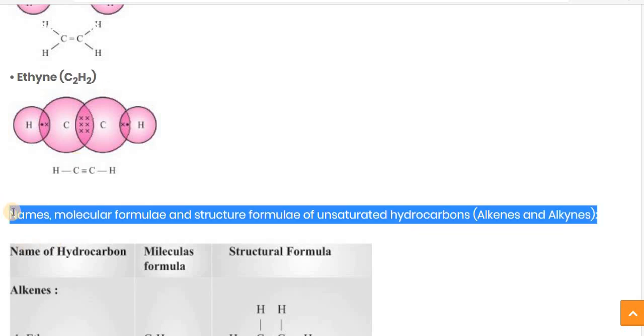Now let's see the name, molecular formula and structural formula of unsaturated hydrocarbons. Unsaturated hydrocarbons means alkenes and alkynes. For the double bond we use alkenes, the ENES, and for the triple bond we use the YNES.